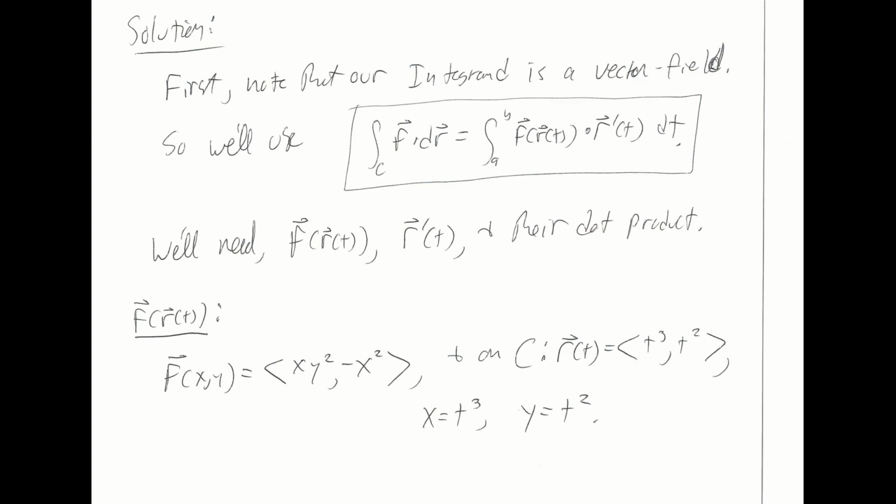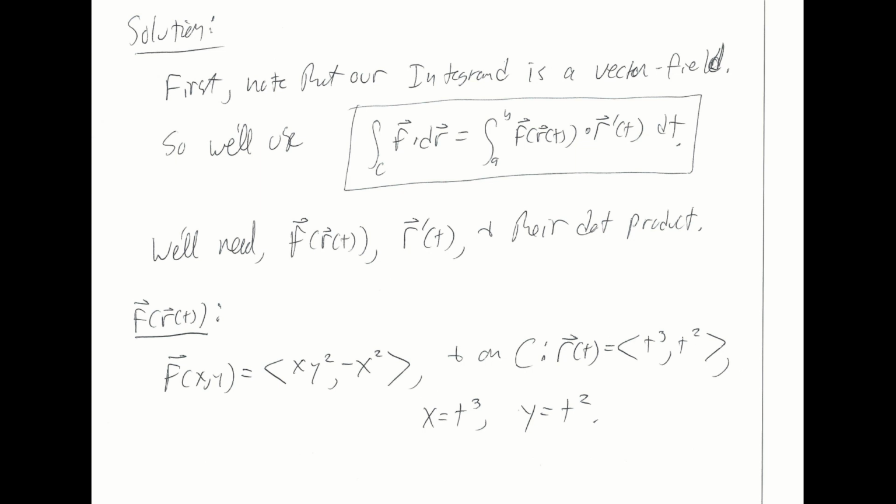So the first thing I'm going to do, and again I recognize that we're operating under the heading of line integrals of vector fields, so it's probably fairly obvious that this is going to use the theorem that is relevant to line integrals of vector fields over smooth curves.